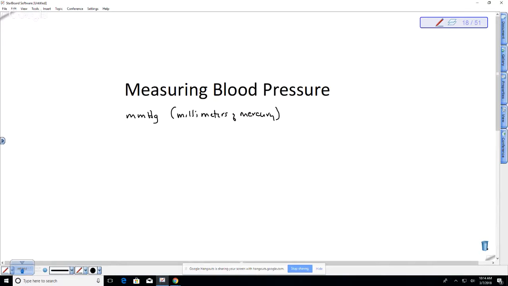So when we're talking about our blood pressure, we're generally talking about arterial blood pressure. And it is in the brachial artery. Although now they are using the radial artery.